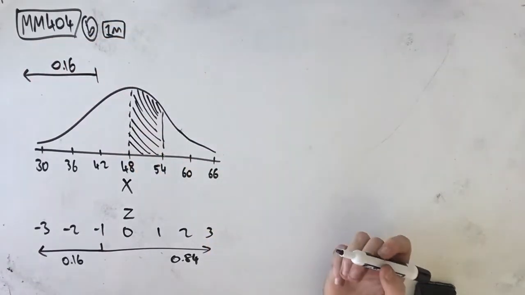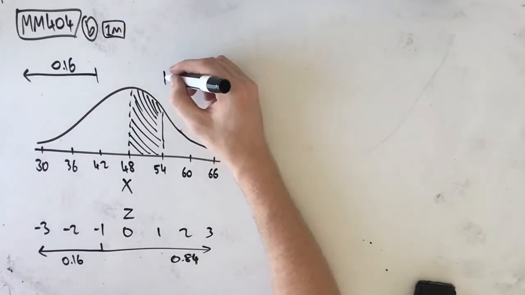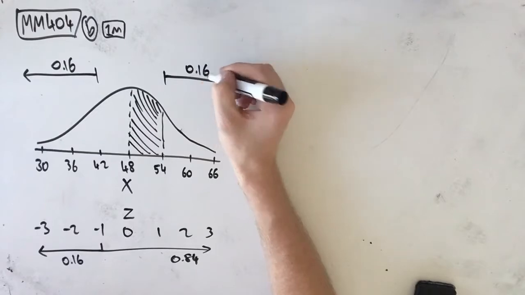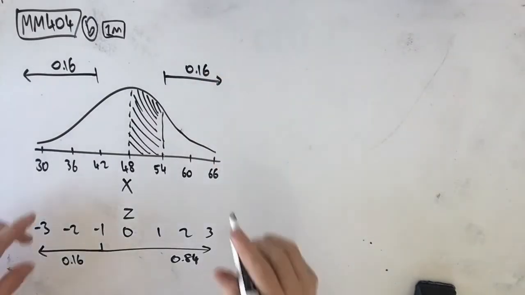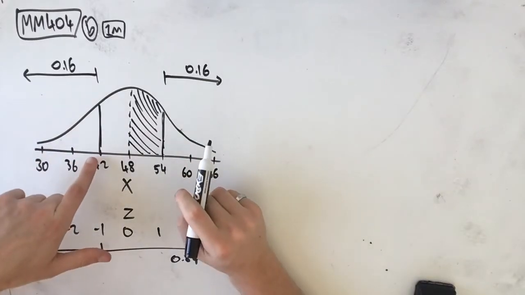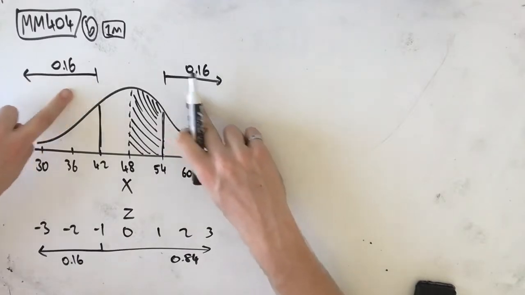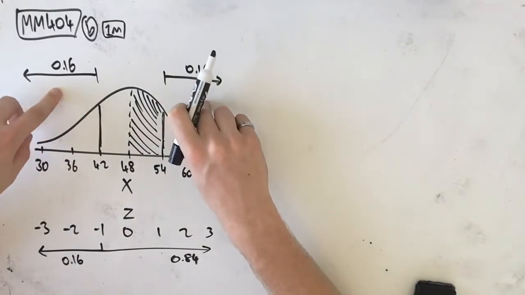We figured that out in the first part. Which means that everything above 54 is also 0.16, right? Because normal distributions are symmetrical. So 42 is 1 standard deviation away from the mean, and so is 54, which means that all the probability on either side is the same. So 0.16 and 0.16.